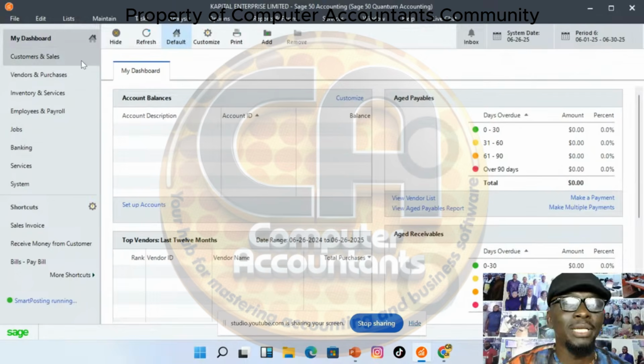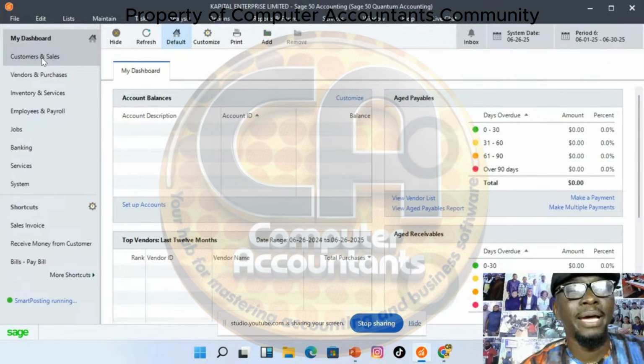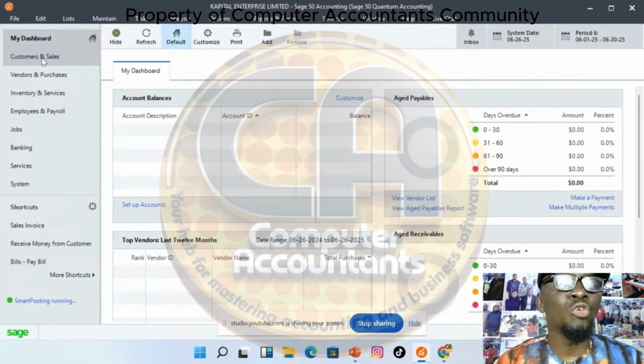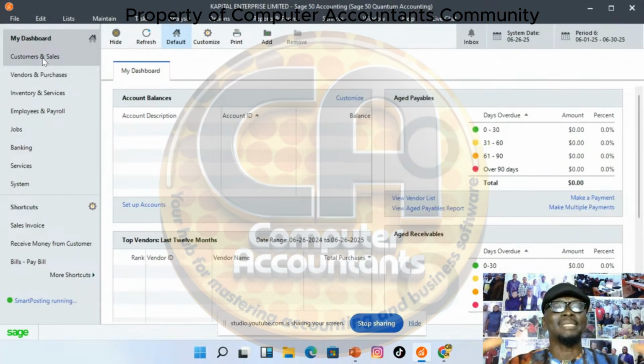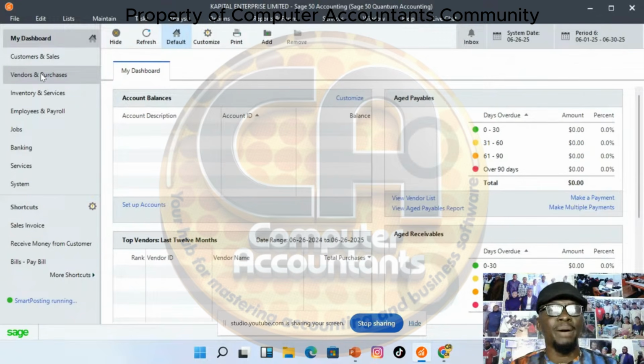So let's go back to the navigation bar. You have the customer and sales bar. It contains all the customers' data and all the sales that have been made to the customer. The following is the vendor and purchases bar. It contains the names of your vendors and all the transactions done between you and the vendor.